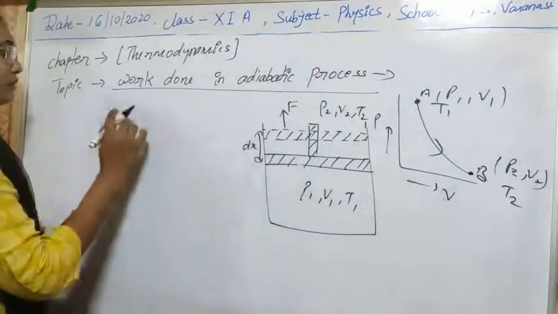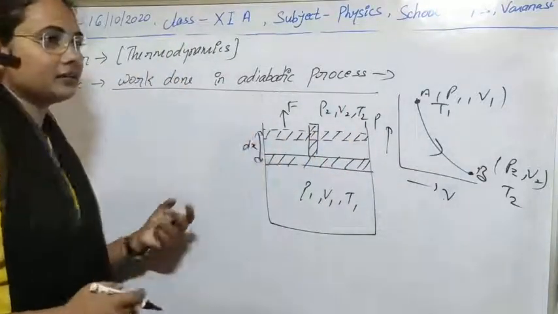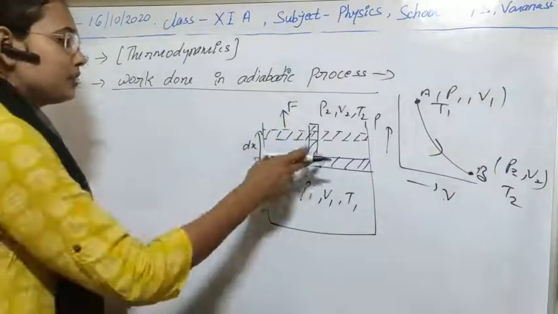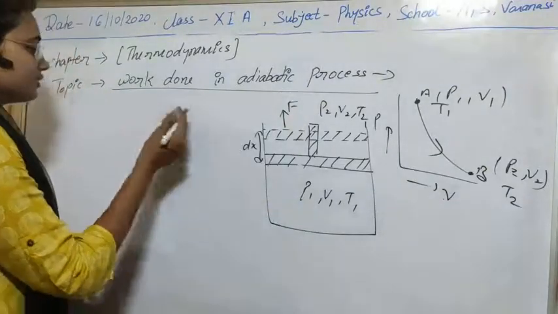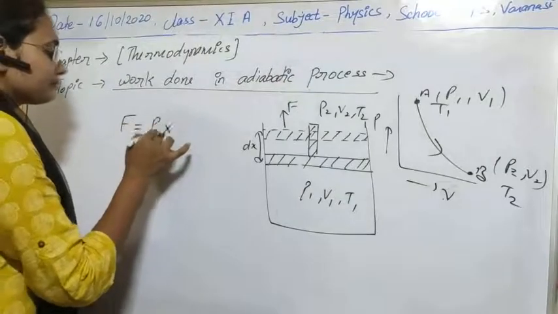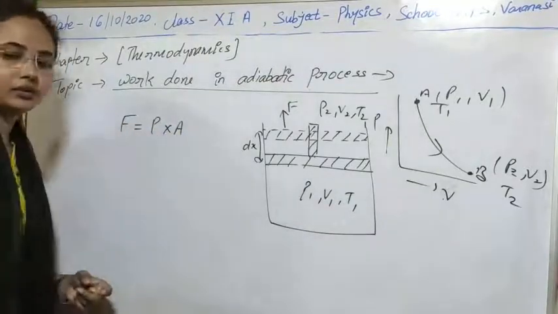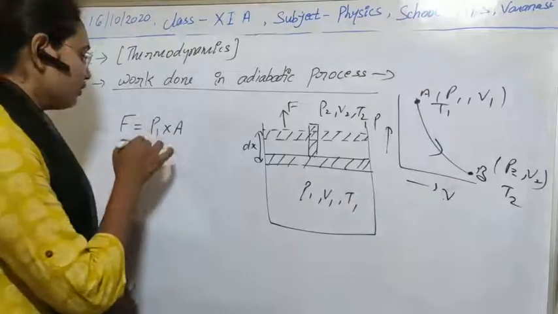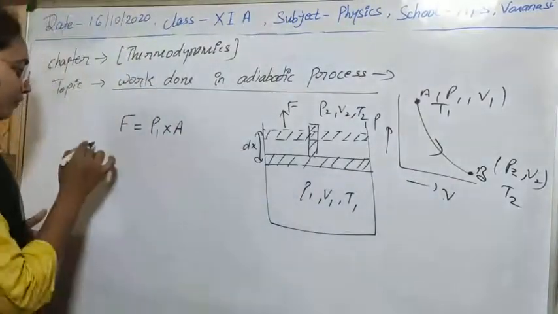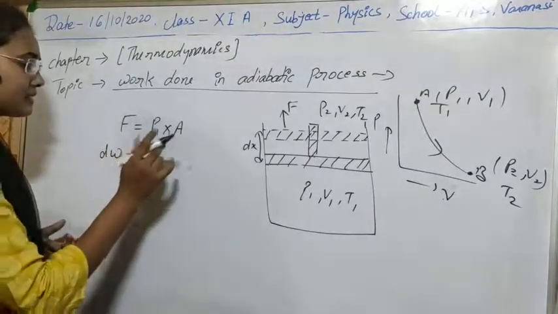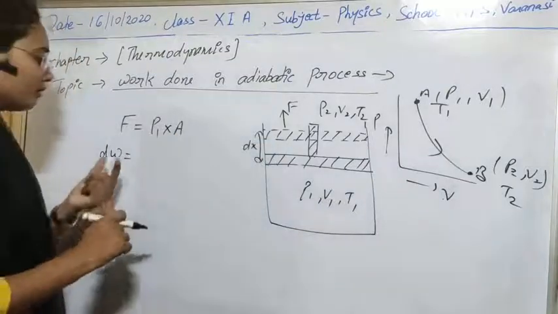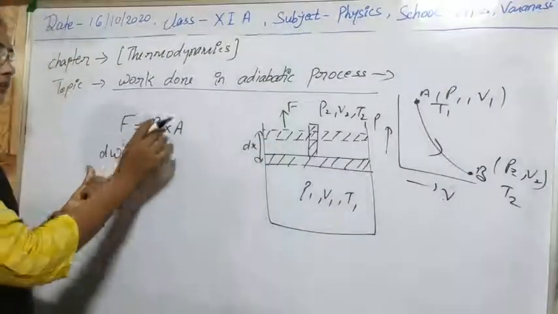First of all, in the same manner we can determine the force in this case. Suppose the cross-sectional area of the vessel is capital A. Then the force is pressure into area, initially P1 into A. Now we are doing some work to displace the piston by a distance dx, so the work done will be F into dx.